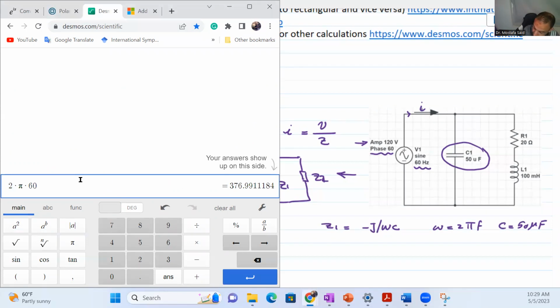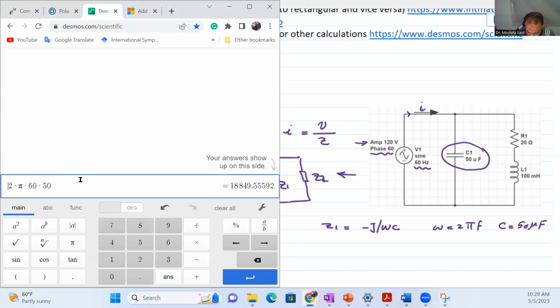And multiply the omega by C. Omega multiplied by C, and C is 50 microfarad. So micro, we're going to convert it to farads. So we should divide it by 1 million, right?